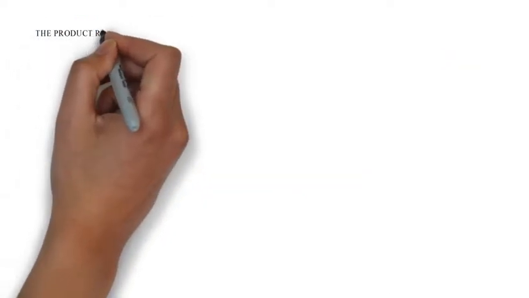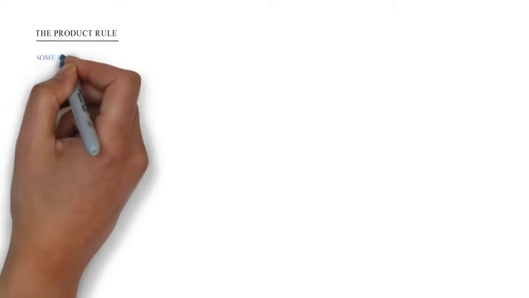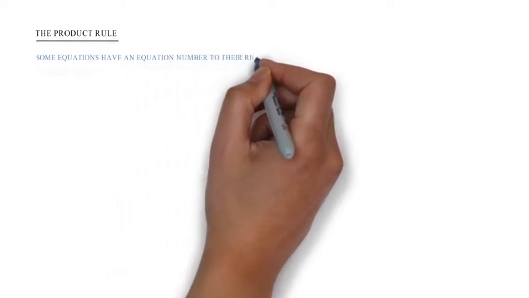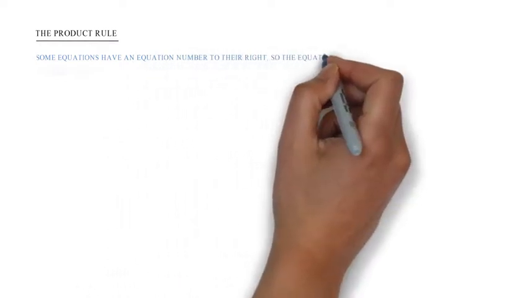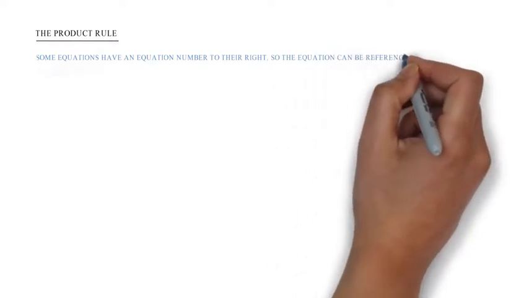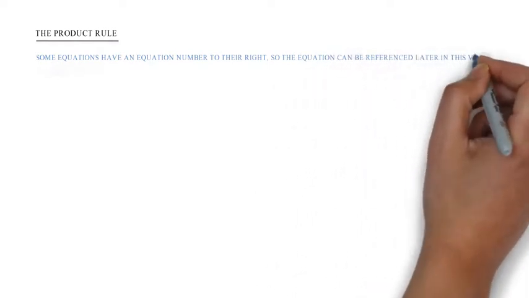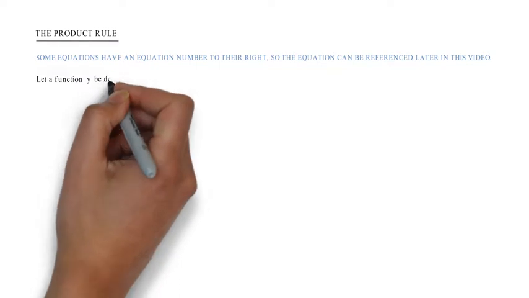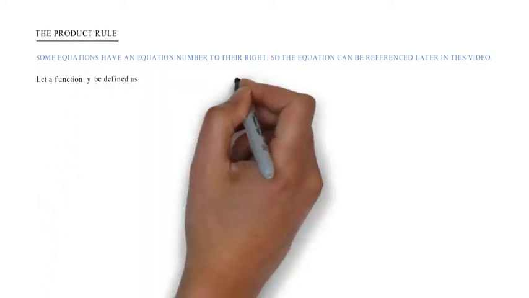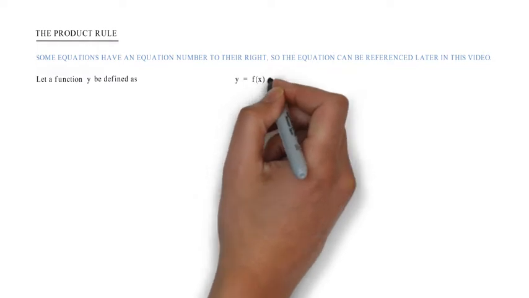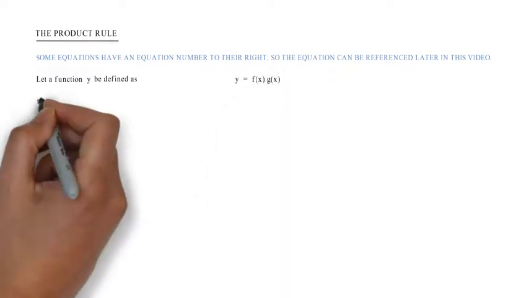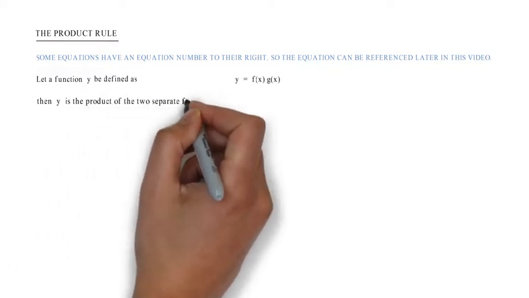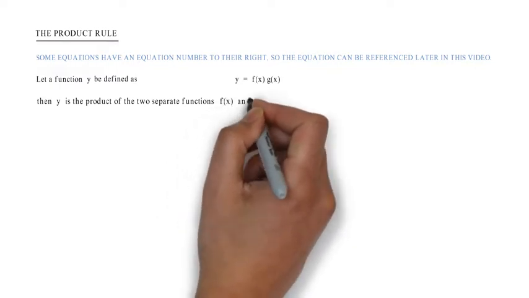The product rule. Some equations have an equation number to their right, so the equation can be referenced later in this video. Let a function y be defined as y equals f(x) times g(x). Then y is the product of the two separate functions, f(x) and g(x).